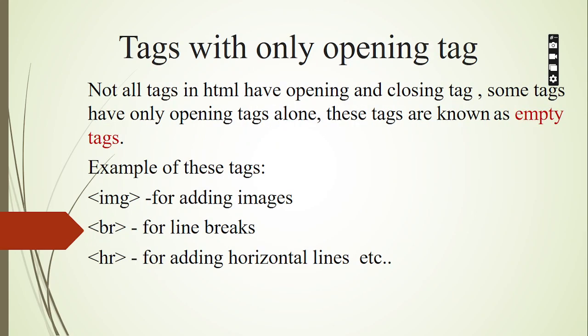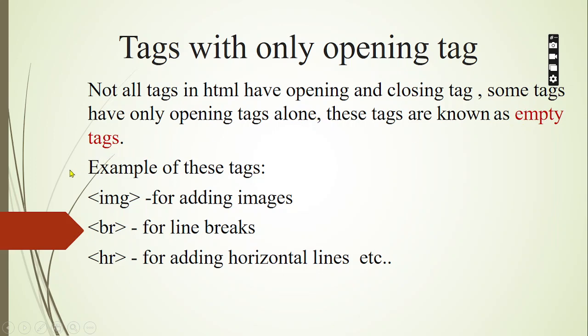Like I mentioned in the previous slide, tags that require opening and closing tags are known as container tags. But there are some tags in HTML that require only the opening tag. These are known as empty tags.